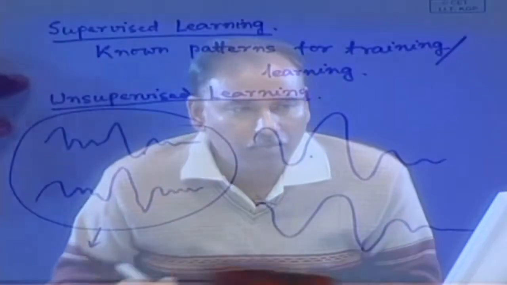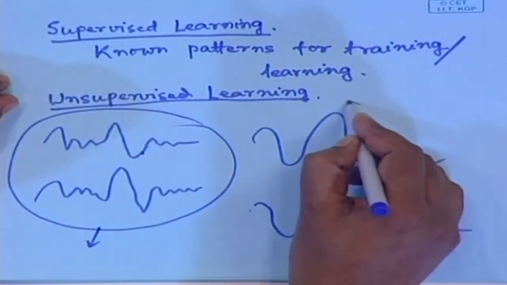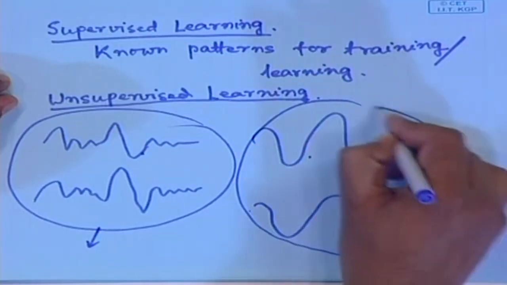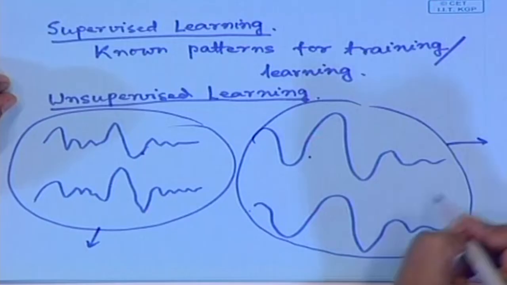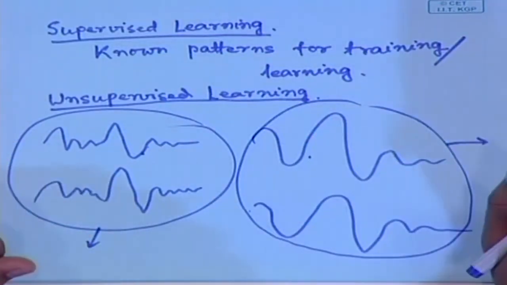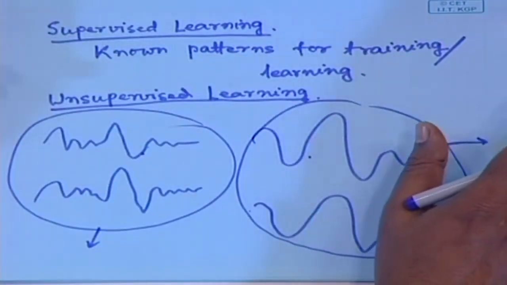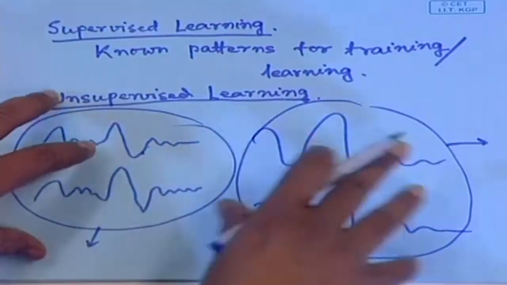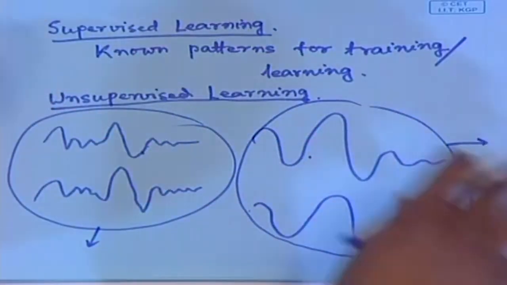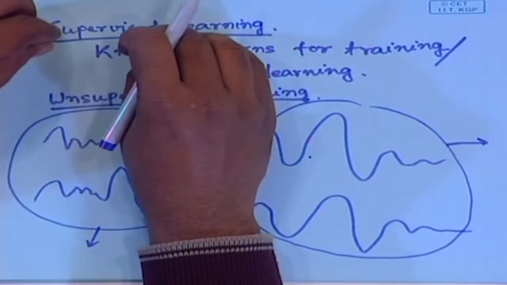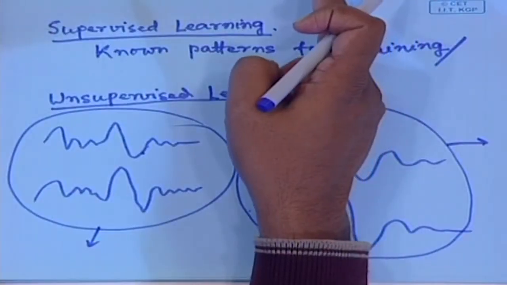Okay, so the feature vectors generated from these two classes will go into one set, and the feature vectors generated from these patterns will move to another set. And this partitioning of the feature vectors into different sets has to be done by data processing. This knowledge is not known beforehand. In case of supervised learning, this knowledge is known beforehand.